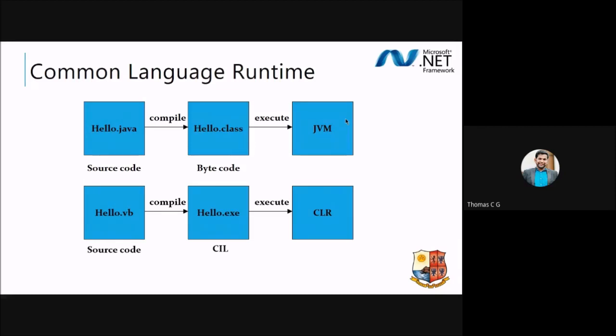It converts all that common intermediate language into native code. I'll talk about the types of JIT, just in time, a little bit more later, but this is the idea. I hope this is clear for you. How Java is working, same way we are also working here. But there's a small difference. Either way, we will not see this difference because we are not going to do all these things.